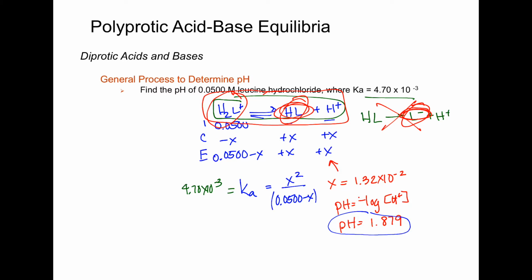So let's go ahead and calculate those concentrations so that we can decide if our assumption was valid or not. So again, we're checking the assumption that the HL concentration, this guy here, is going to be much higher than the L minus. And that'll tell us that this equilibrium didn't happen.